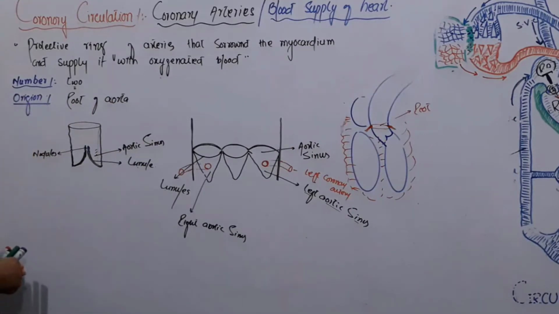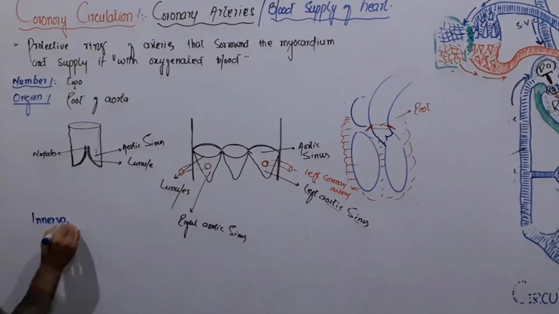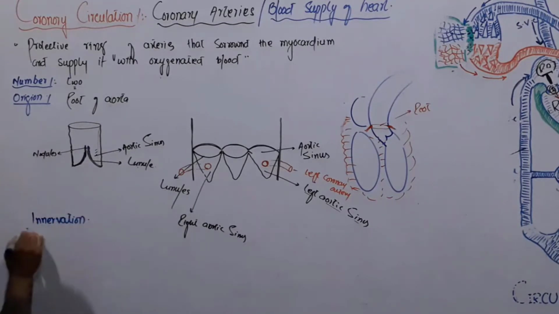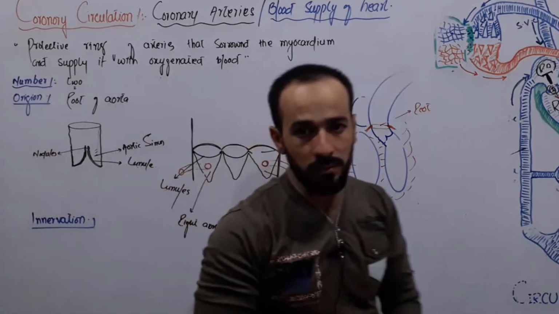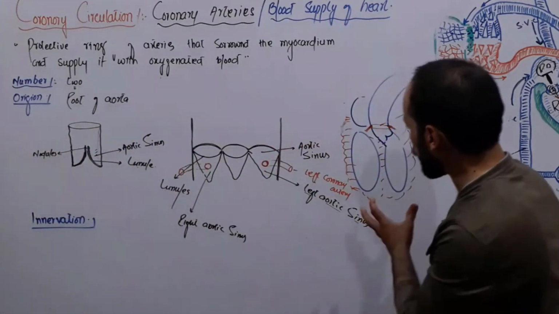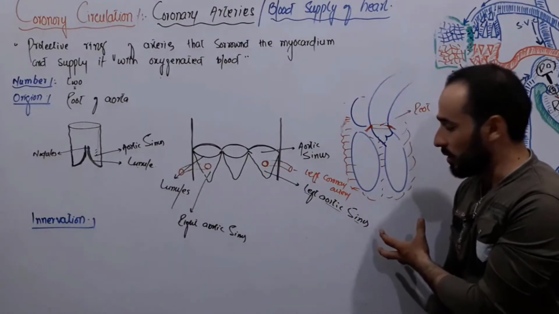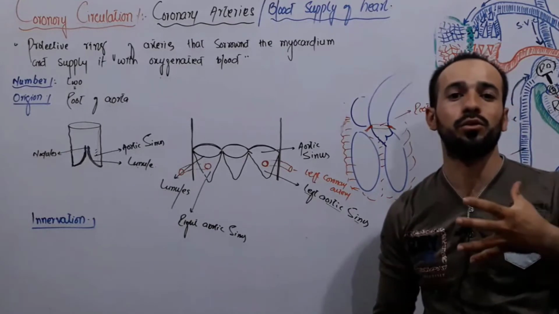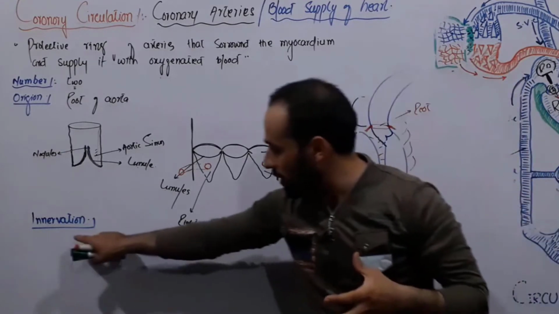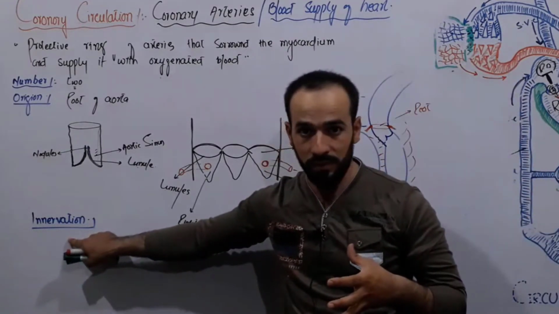Now let me say something about the innervation of these arteries. Sometimes when there is more requirement of blood, these arteries could be compressed or relaxed, and this is all provided by special nerves, right?